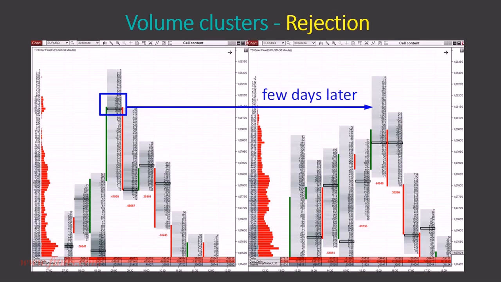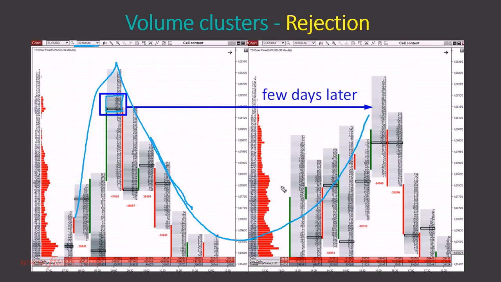Now the last example is on the euro dollar. This is a 30-minute chart, strong rejection of higher prices in here, very nicely visible volume cluster created in here within the rejection. So what you do is you wait for the pullback until the price reaches this area again.